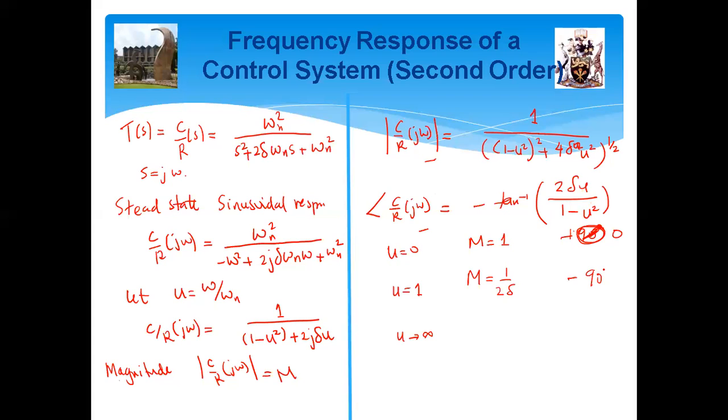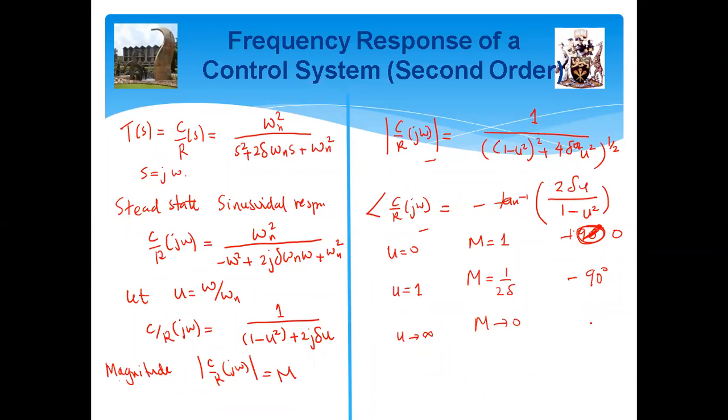So as this goes to infinity, this denominator will be a very big number, then m will tend to 0.